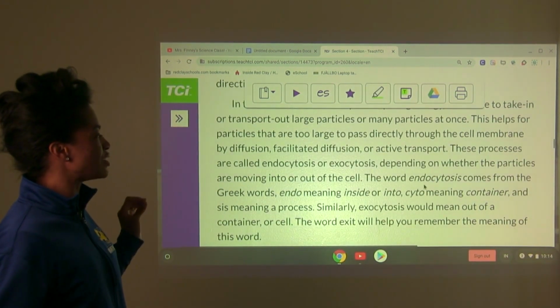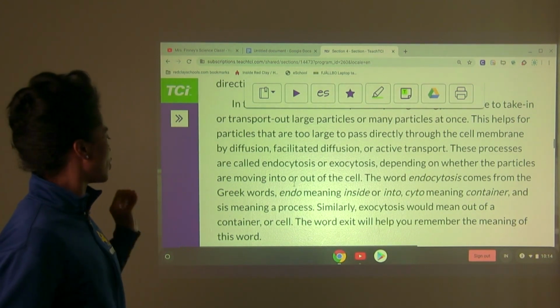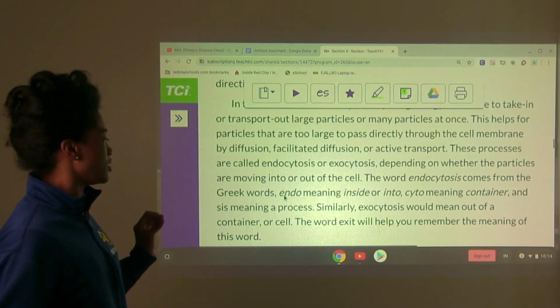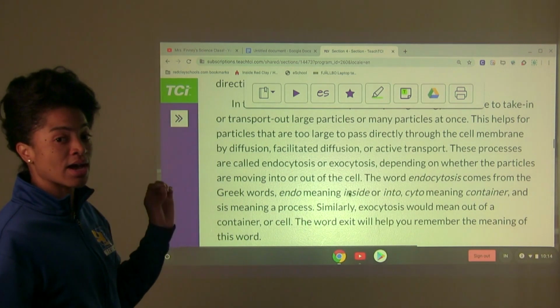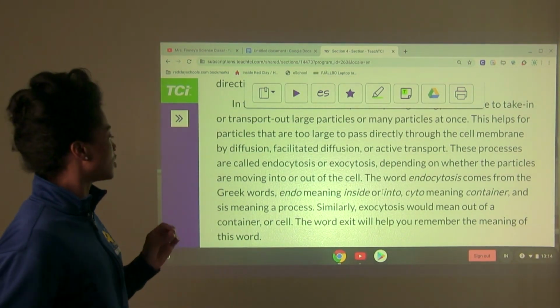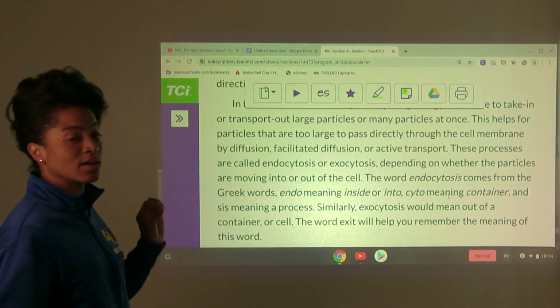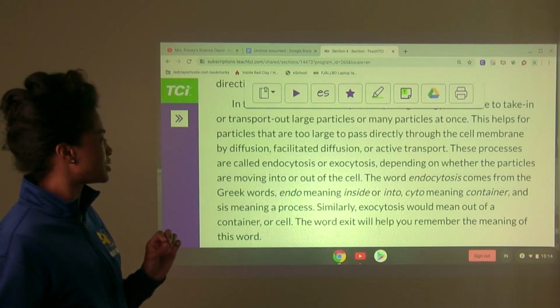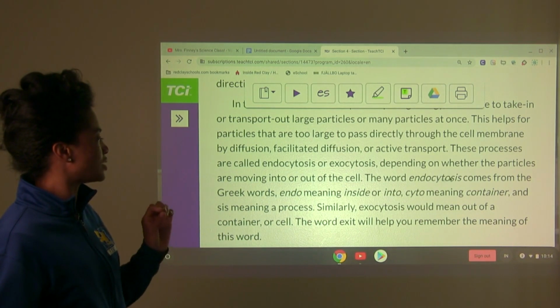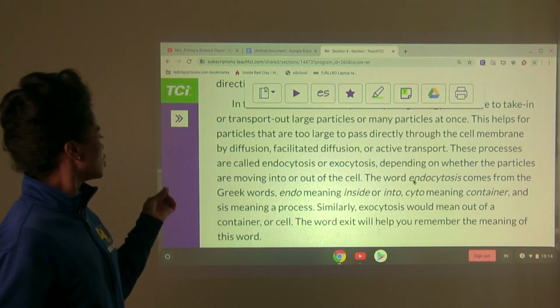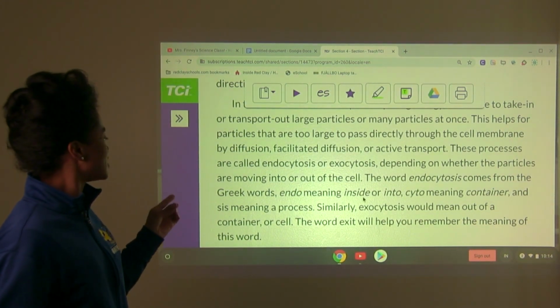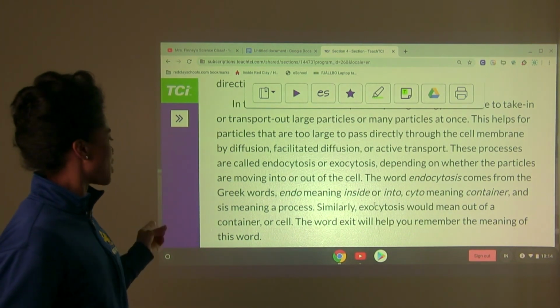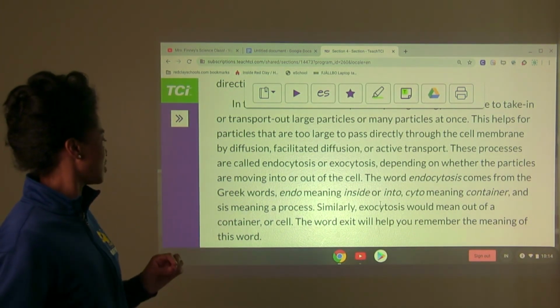The word endocytosis comes from the Greek words endo, meaning inside or into, cyto, meaning container, and osis, meaning a process. So endocytosis, okay, we're inside a container, it's a process moving inside a container.